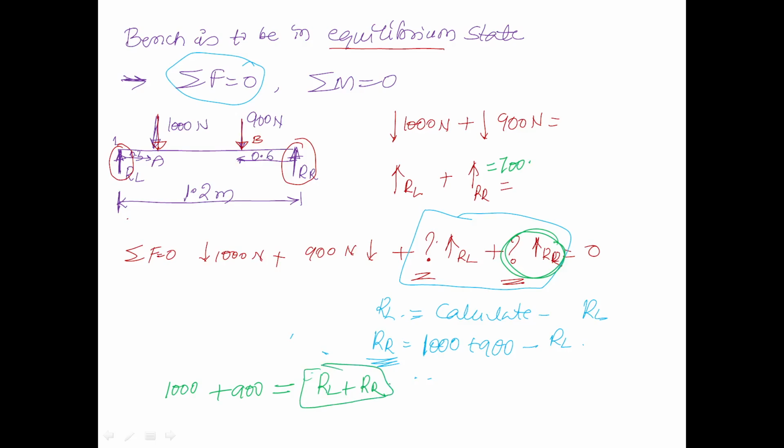These forces are acting in up direction, these two forces are acting in a down direction, so summation should be equal to 0. Now on the left hand side the value is 1900, and on the right hand side RL is unknown, RR you got 700. So RL equals 1900 minus 700, so you're going to get 1200 Newton.